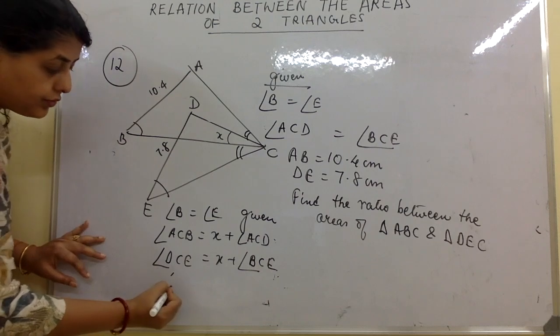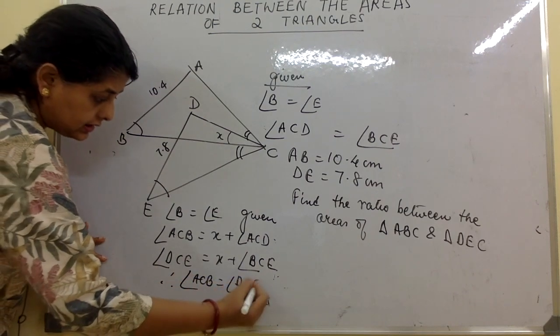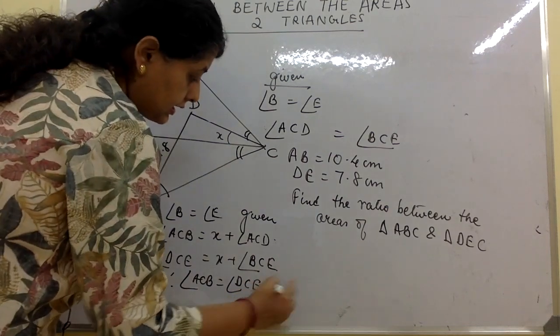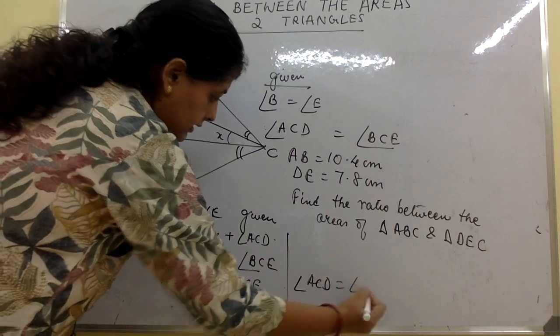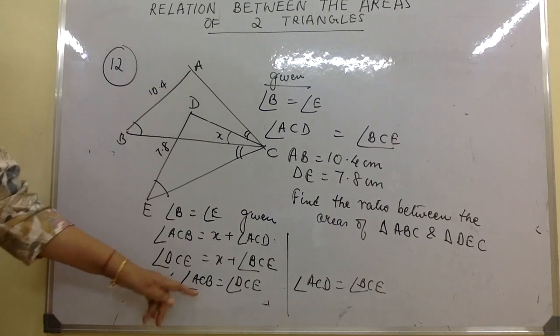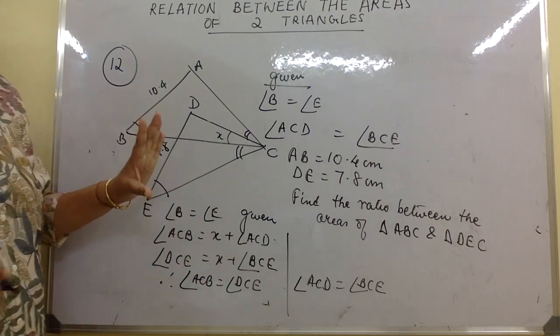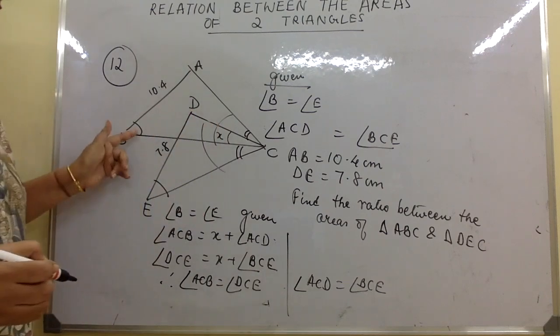Therefore angle ACB is equal to angle DCE. You have to write in brackets here, angle ACD is equal to angle BCE, that is given. So we have finally got two angles: this angle equal to this angle, and these two are equal.